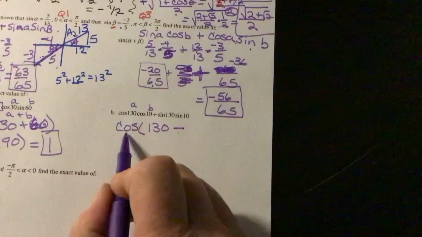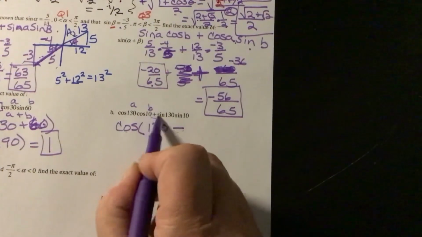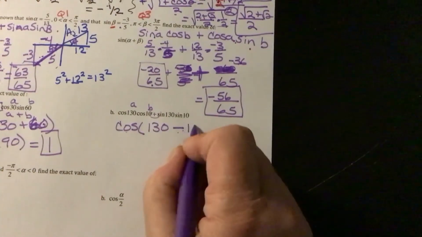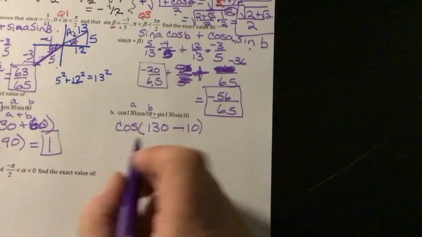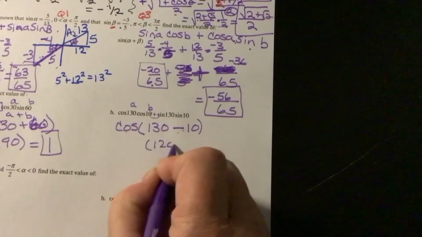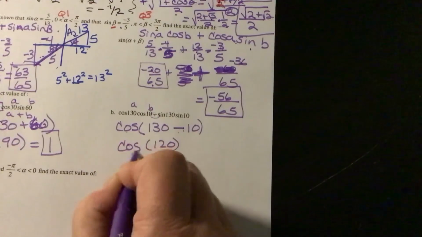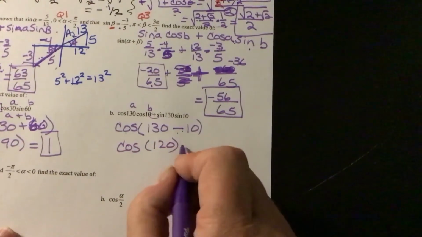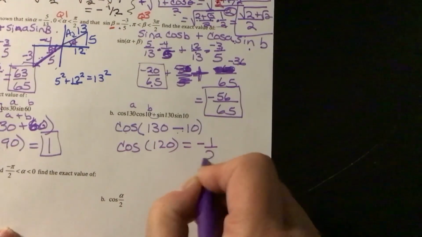This is a cosine difference formula that gives me the plus in the middle. 130 minus 10 is 120. And cosine of 120 is negative 1/2.